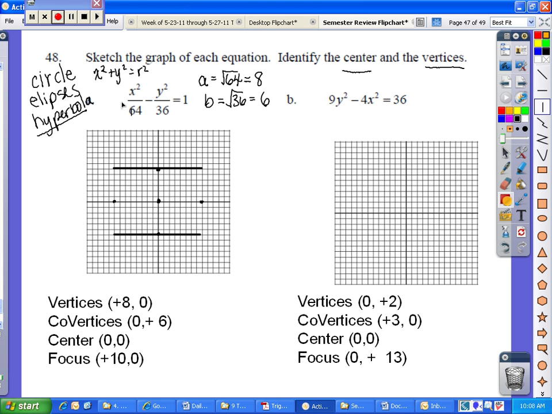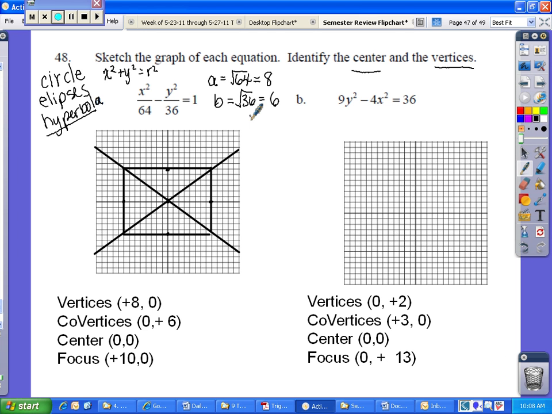Okay, and now I'm actually going to draw diagonal lines through each of the corners. So I'm going to draw a diagonal line here, and I'm going to draw a diagonal line here. Okay, and that's actually where my asymptotes are going to fall.